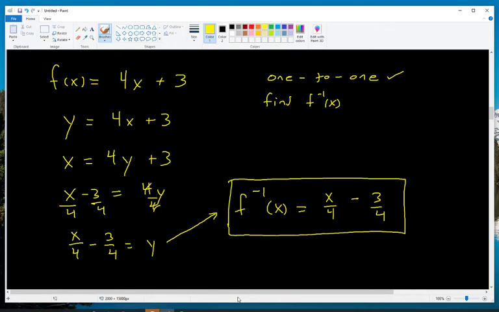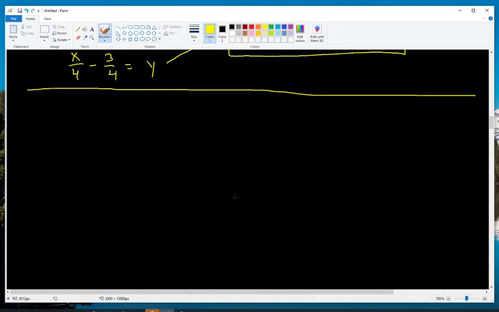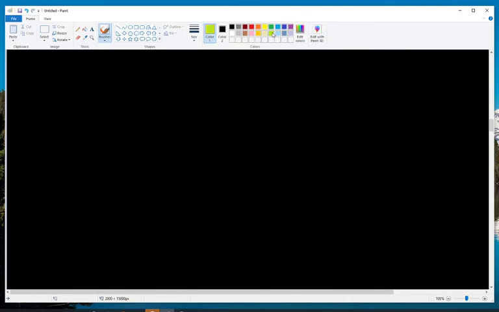Okay, so the next thing we need to talk about is the definition of inverse functions. Instead of being given one function and told to generate the inverse, what if you have two functions and you want to know if they're inverses?